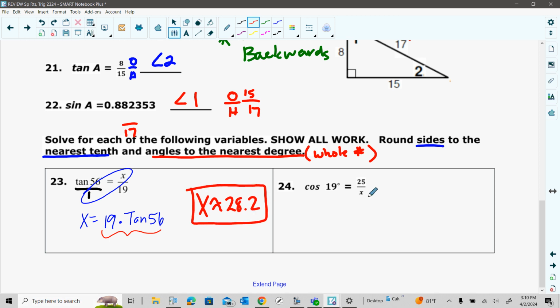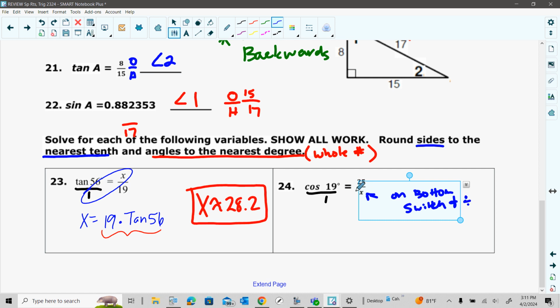Now on 24 here, I can put it over 1, but a shortcut is realizing that this x is on the bottom. And whenever the variable's on the bottom, you're just going to switch and divide.